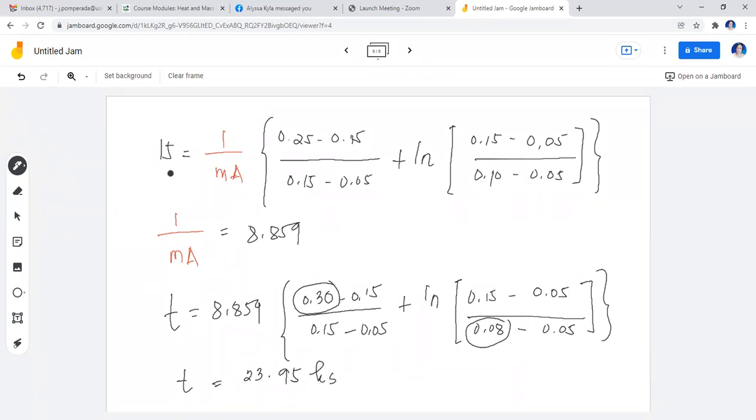Notice I did not bother to place the units here, because I will still be having that same unit later on when I solve for the new condition.